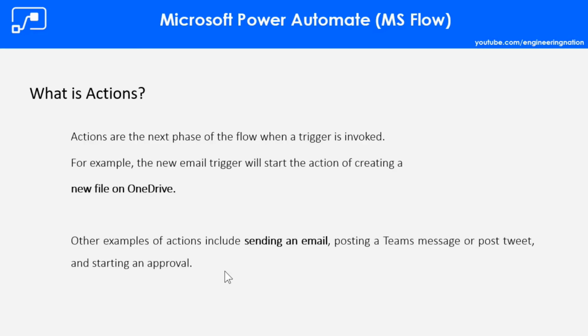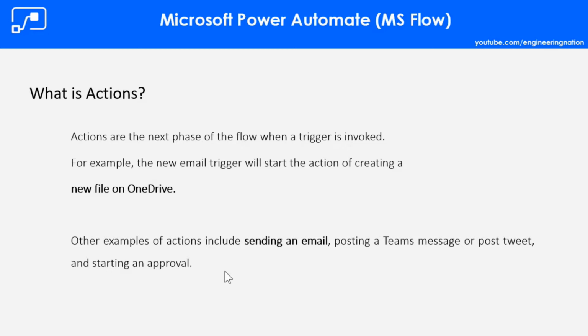So what is action then? Actions are the next phase of the flow when a trigger is invoked. For example, the new email trigger will start the action of creating a new file on OneDrive. Other examples of action include sending an email, posting a Teams message, posting a tweet, and starting an approval.